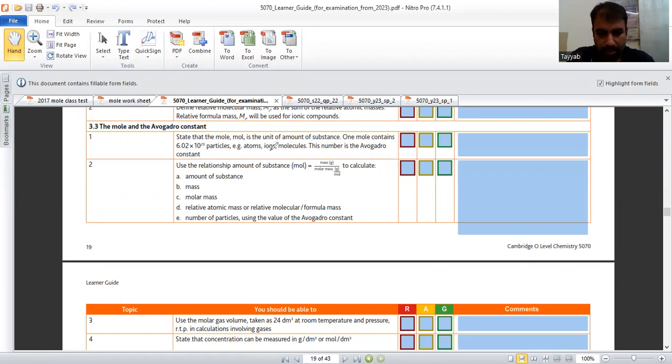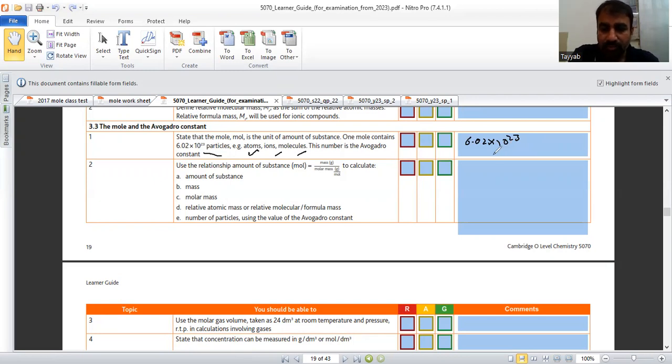For example, atoms. What do we mean by particles? It could be atoms, ions, molecules, or formula units. And this is the Avogadro constant. In simple words, if a substance contains 6.02 × 10^23 units, particles, these particles may be atoms or molecules, then this is equal to 1 mole.